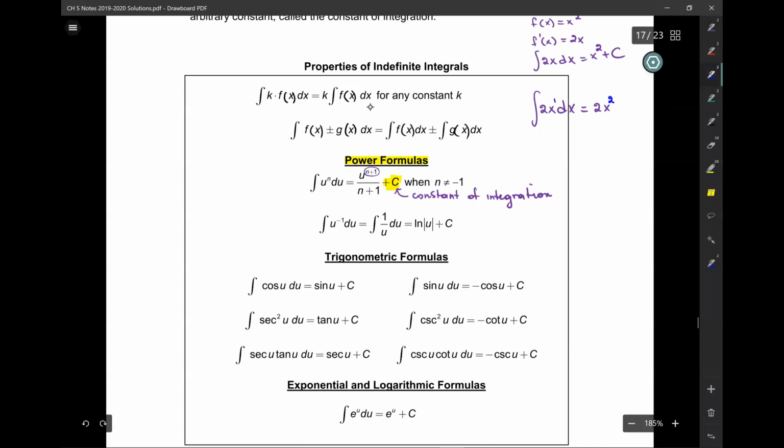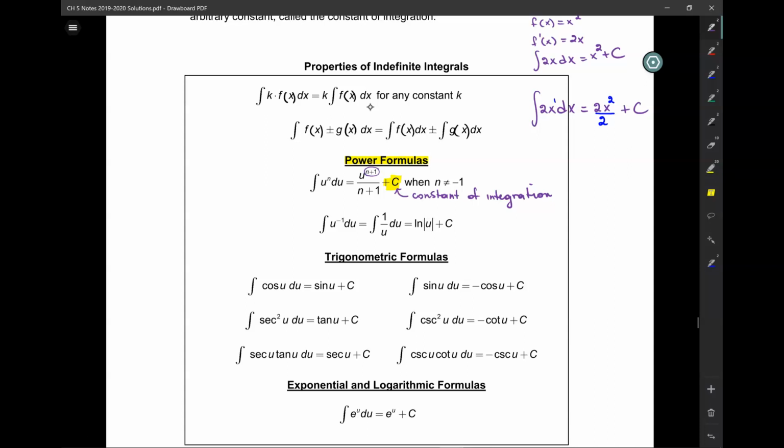Now it becomes 2. And I divide the whole thing by the new exponent plus c. That's how I got x squared plus c. You wouldn't square the 2. It's only the non-constant.